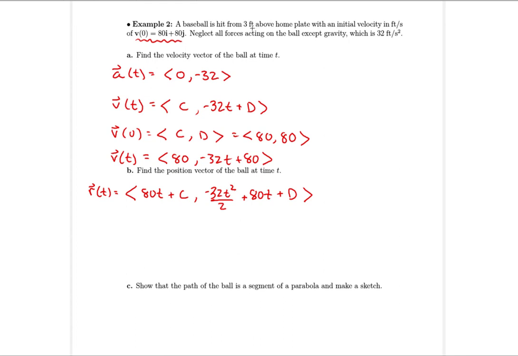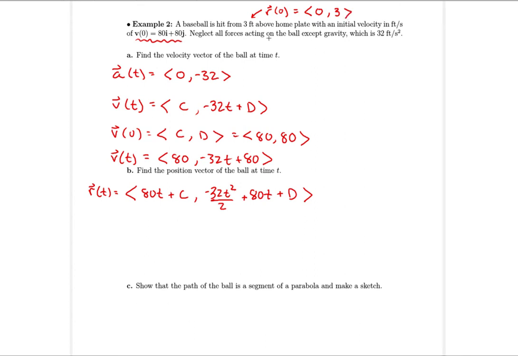So that means that when the time is 0, the instant the ball is hit, we have gone 0 in the horizontal, but we are starting up 3 in the vertical.